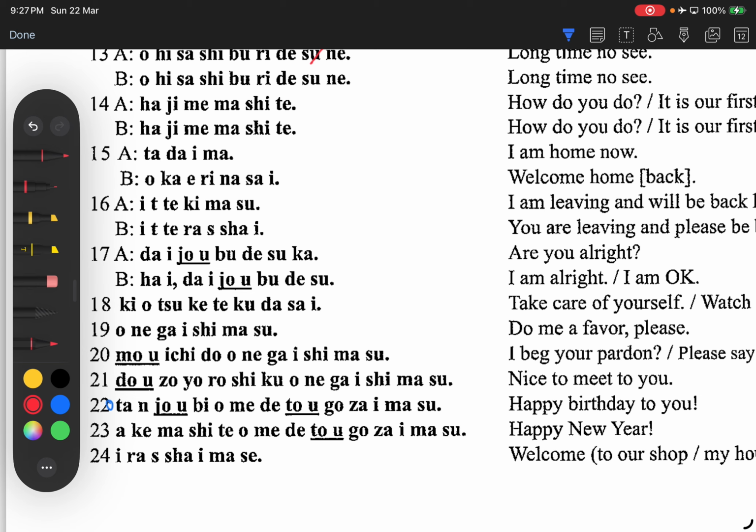Number 21. どうぞ。どうぞ。よろしく。よろしく。お願いします。Okay, so どうぞ simply means you're offering something to someone, right? Usually when I'm leaving the elevator door open, you want ladies to go in first, right? So you will be どうぞ. That means like 請.